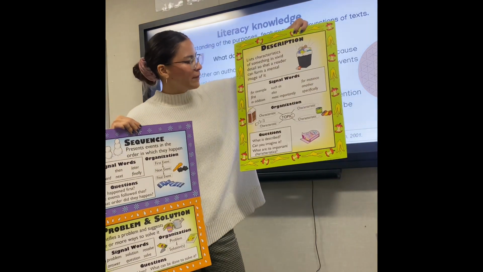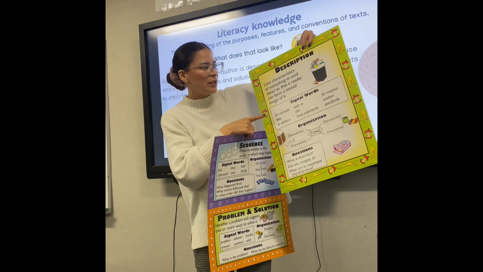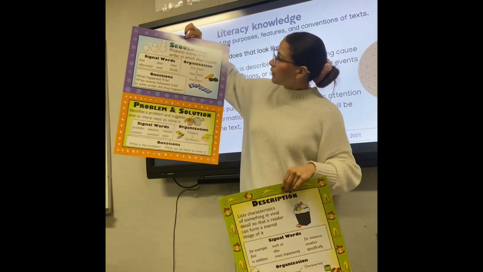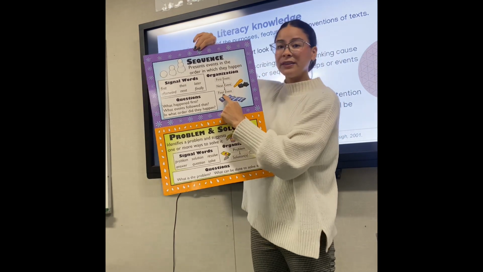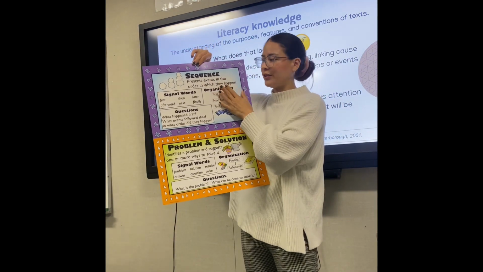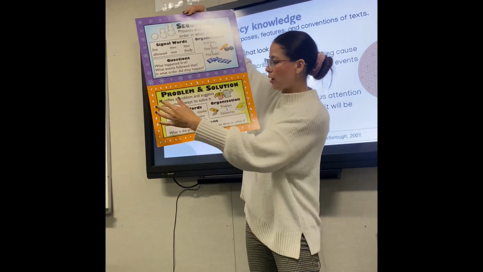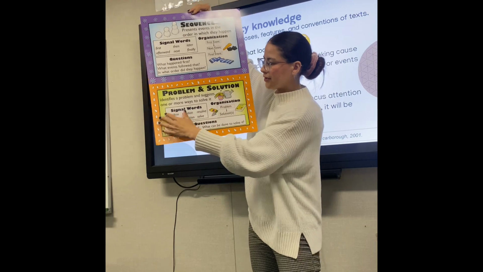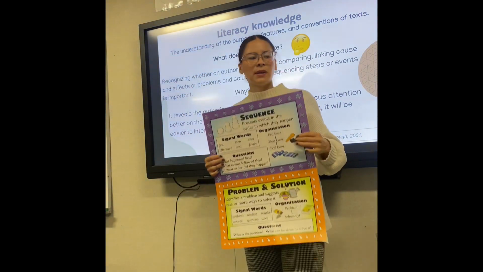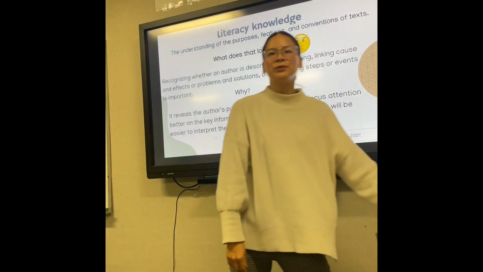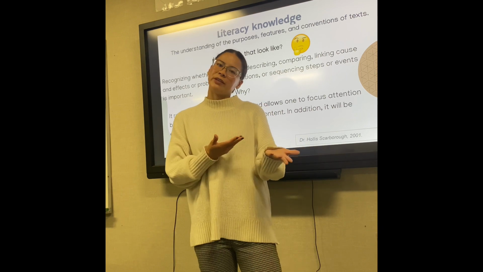There's describing, and all these different types of questions, organizational skills, signal words for sequencing. There's first, next, finally. If you see these words, then you know that it's a sequence type of text. And then there's problem and solution, and there are signal words and questions for that too. It's important for students to know this because it makes it easier for them to know what they're looking for when they're reading a passage.